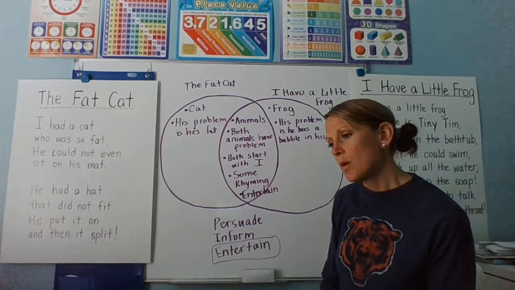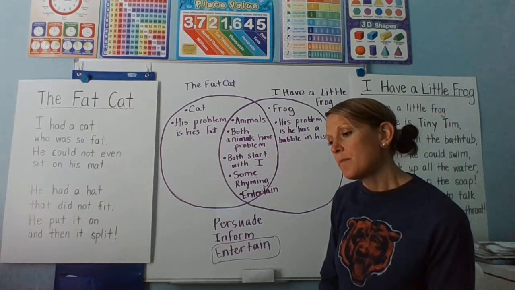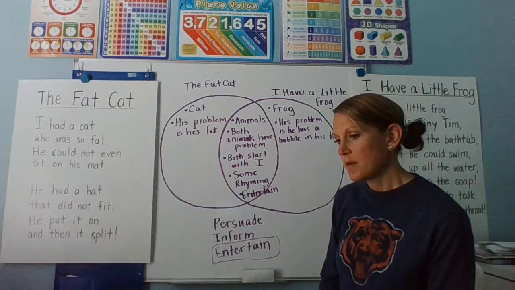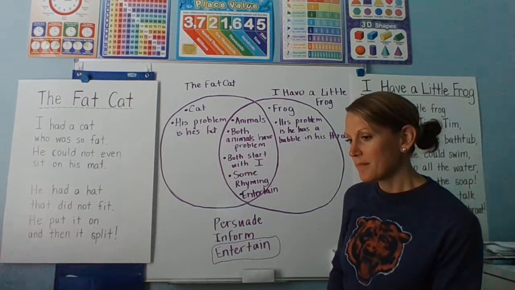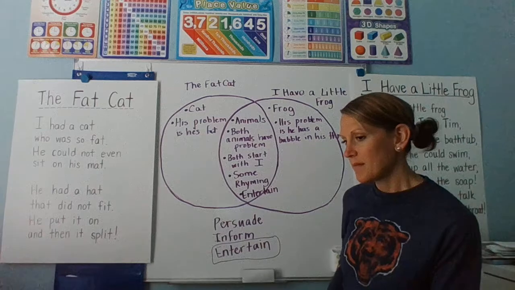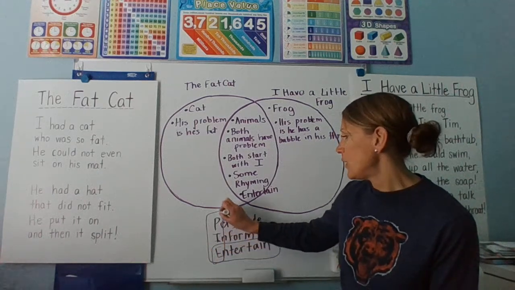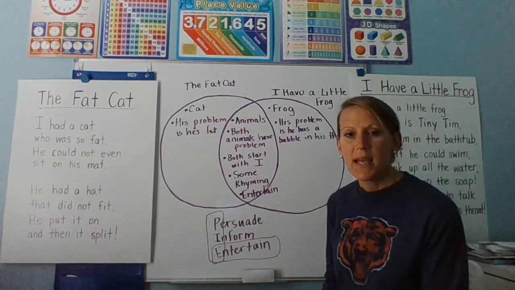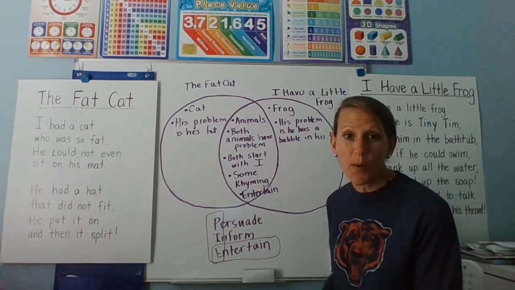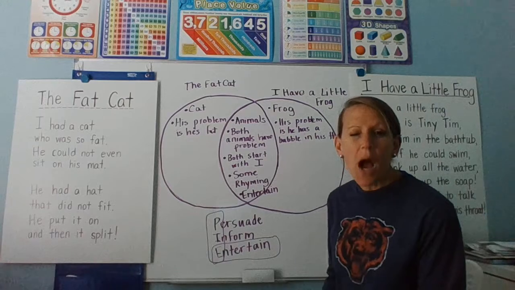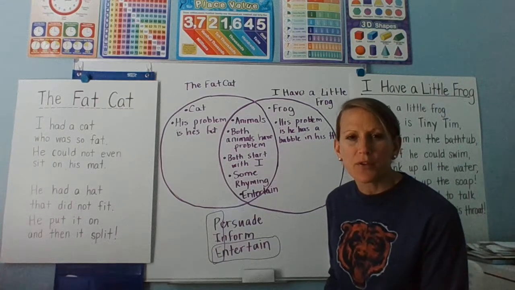I want to tell them that persuade, inform, and entertain, if you write them in order, it's supposed to go persuade, inform, and entertain. It spells pie. Exactly. So Ava is pointing out that if you look at the P-I-E, it spells the word pie. So it's a helpful way to remember the different options for an author's purpose.